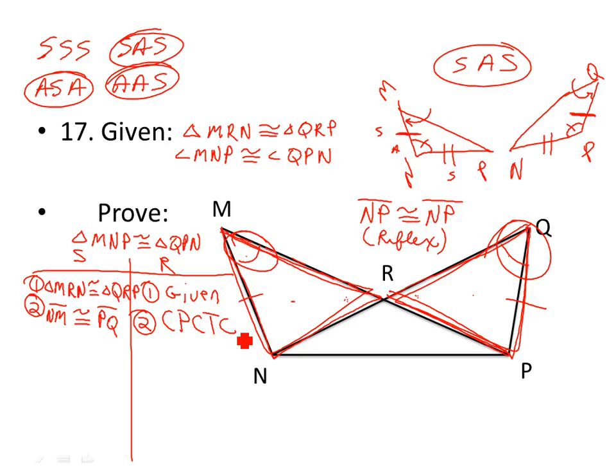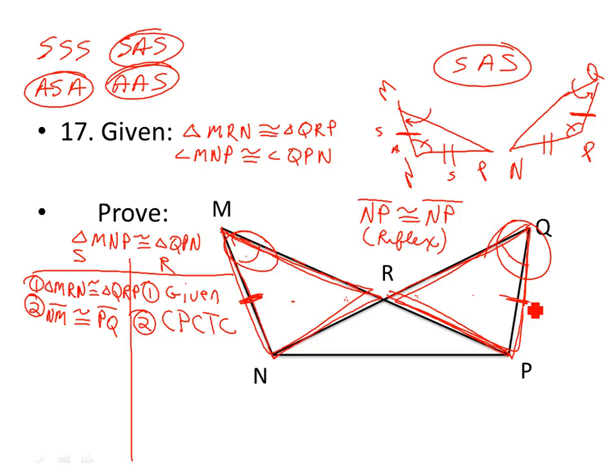It's not a theorem, it's not a postulate really. It's like a rule, but we use it like a theorem or a postulate. And what it stands for? Corresponding, remember corresponding means the ones that match up, right? Corresponding parts of congruent, can you guess what T stands for? Triangles must be congruent. So in other words, this side corresponded to this side in those two triangles, and those two triangles were congruent. So those two sides have to be congruent.